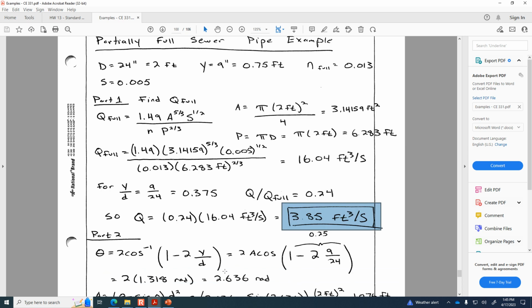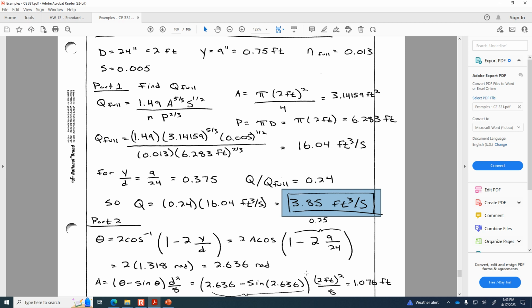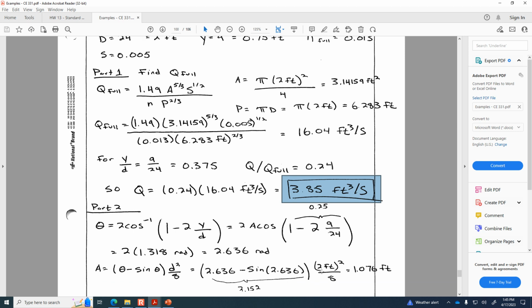Okay, so we found the angle, and from that calculate the area. And the area it's talking about is not the area of the pipe. You know, the area of the pipe would be pi d squared divided by 4. It's talking about the area of the part that's carrying flow.